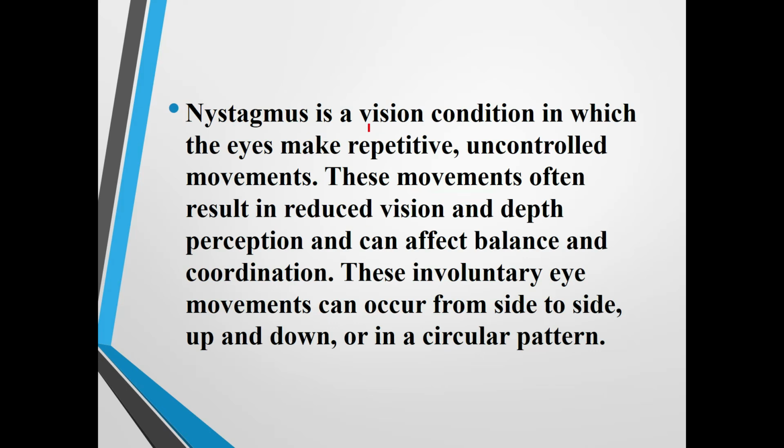And nystagmus, it is a vision condition in which the eyes make repetitive, uncontrolled movements. These movements often result in reduced vision and depth perception and can affect balance and coordination. These involuntary eye movements can occur from side to side, up and down or in a circular pattern.